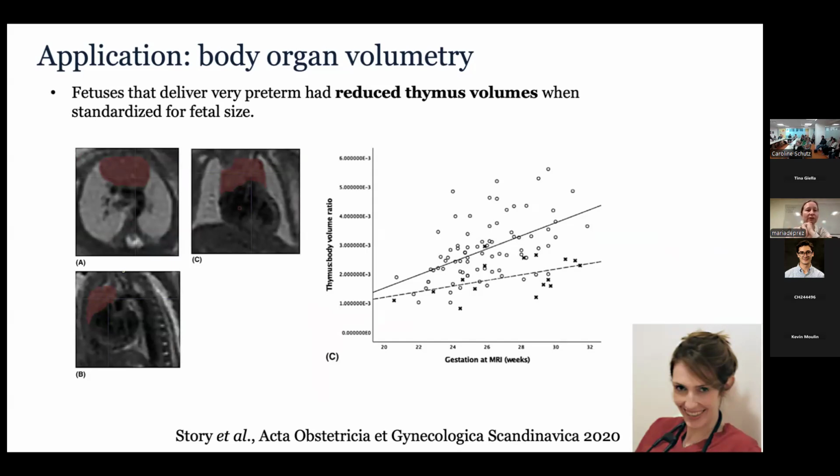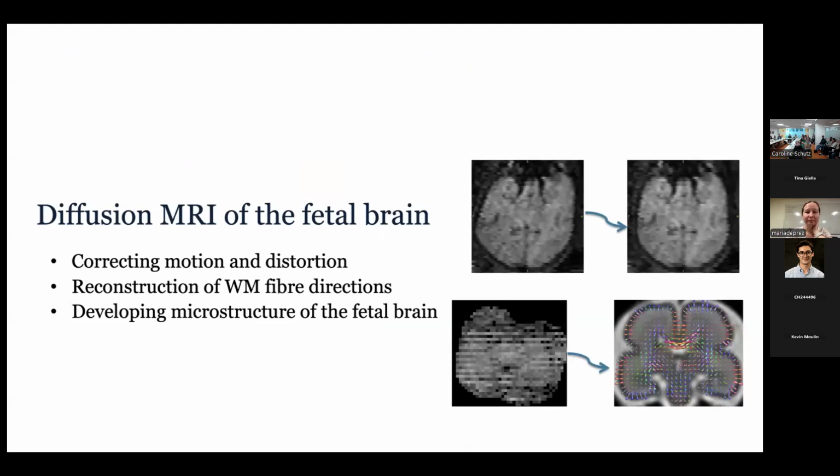And she did see this. She thinks it's because of potential infection. Yeah, it might happen. And she's looking at lots of other things as well: lungs, adrenal glands, and other organs. So she's doing the whole program of this. So that's amazing, just to see what could be done in the future with this type of methodology.